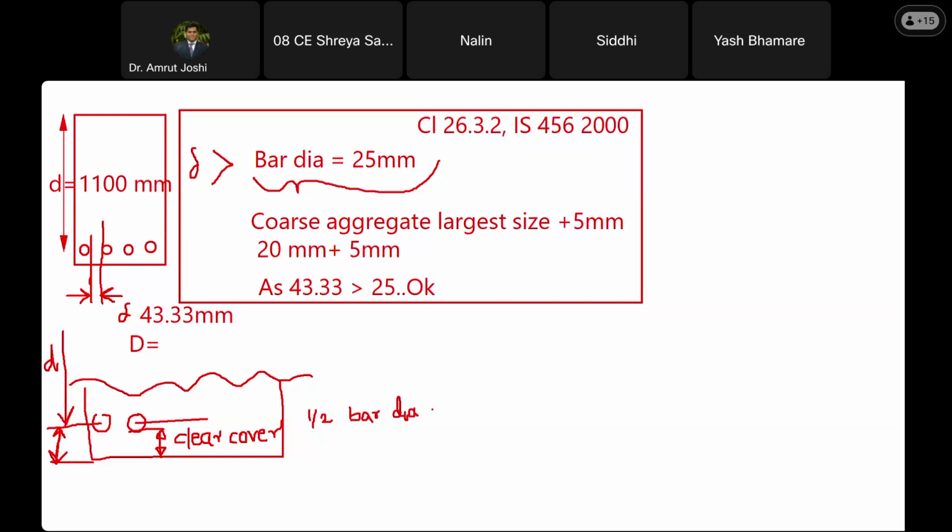So how do I write capital D? Let me write down that expression here. Capital D will be equal to small d, that is effective depth, plus I will have to add two things. Which are they? One is clear cover. Are you with me?